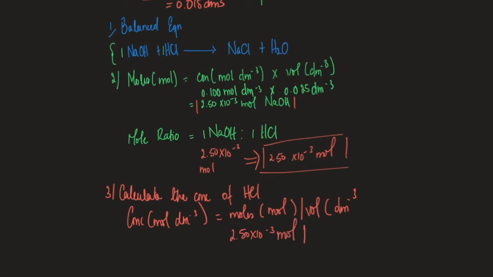We're going to divide that by 0.015 cubic decimeter. And your concentration is going to be mole per cubic decimeter. So it's going to be 0.167 and the units here. So here is the concentration of hydrochloric acid, and that is what the question asks.